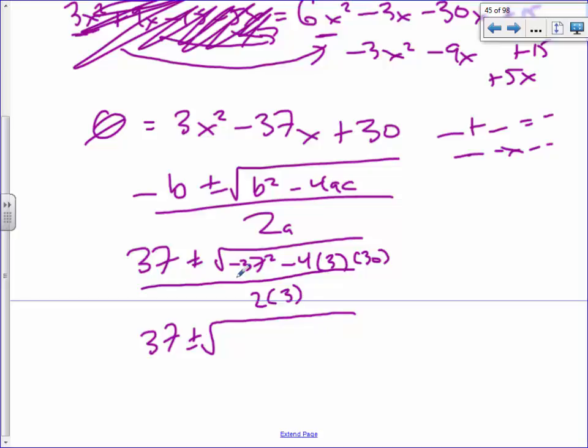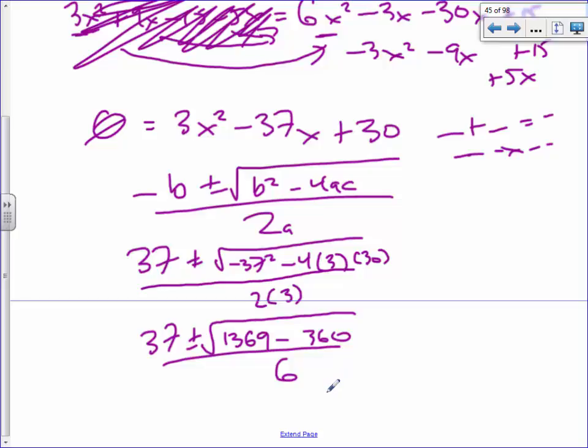Okay, I need some help here. What's 37 squared? 1369. Thank you. And what is 4 times 3 times 30? 360? That makes sense. Will we have an answer? Yes. How do I know that I will have answers?